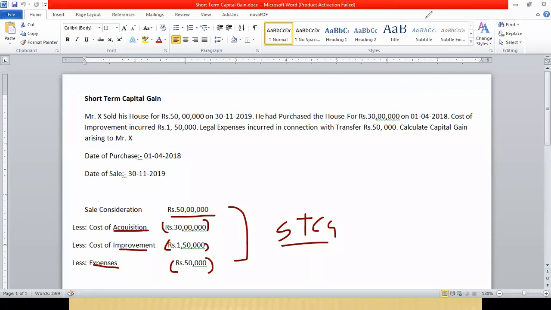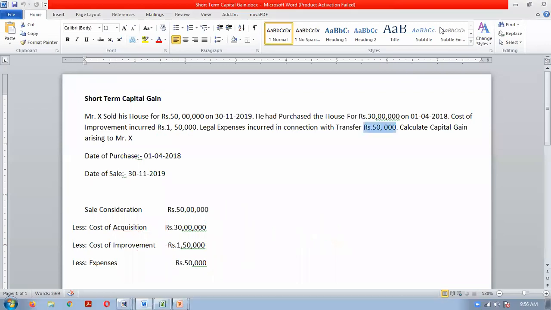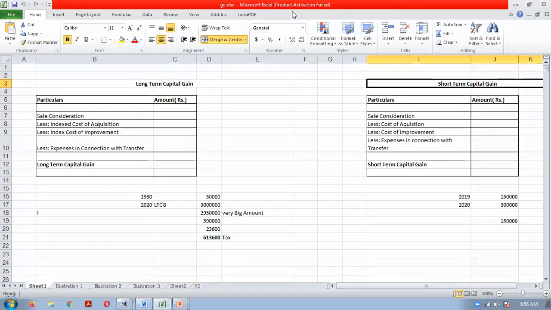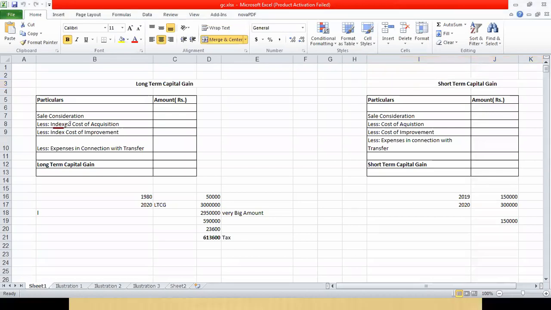Long term capital gain calculation is similar, but only one change is there. What is that change? Here, instead of cost, we will have to take indexed cost.